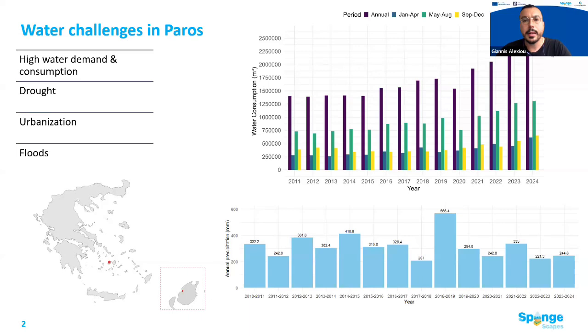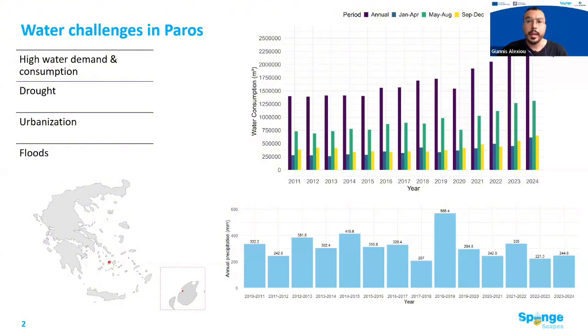To start with, some brief information about Paros. Paros is an island of the Cyclades Islands. It is located at the heart of the Aegean Sea. And similar to other islands nearby, it faces water challenges such as drought risk and flood risk.